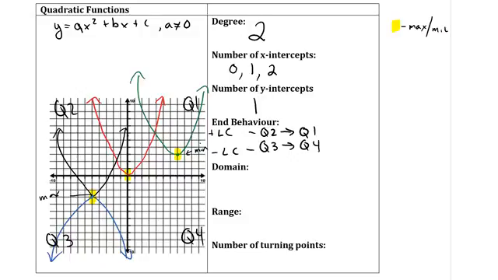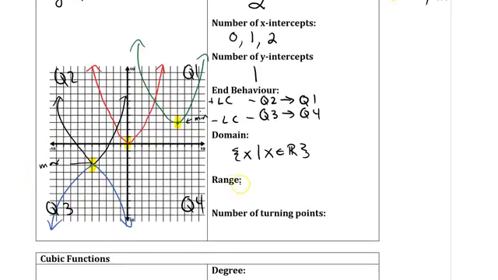Domains, if we can remember from last year in grade 11 with quadratics, are pretty easy. It's just going to be x such that x is an element of the reals, because it covers all x values. Our range, now here's the tricky bit.